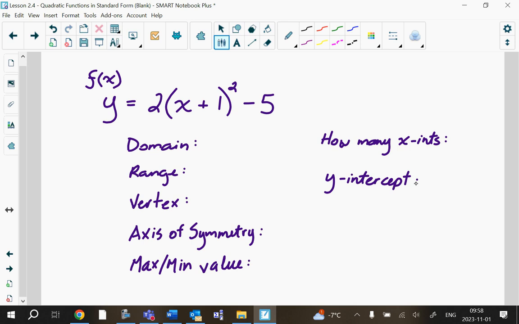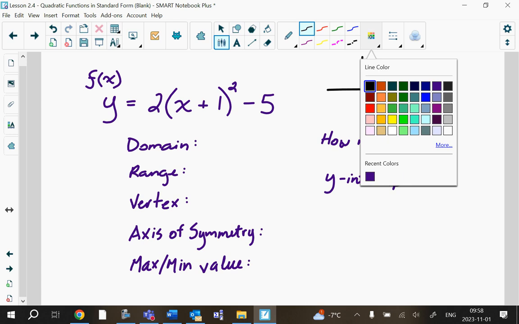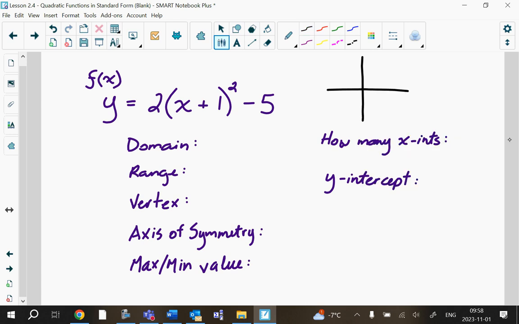So for example, it may help you here to do a rough sketch, because that's going to help me answer these questions. Where would the vertex be? Because you always start with the vertex. I'm going to go down 5, 1 left, because it's plus.